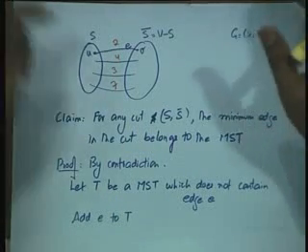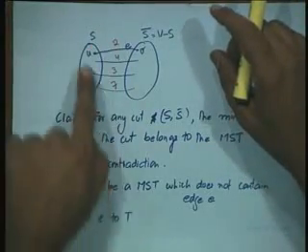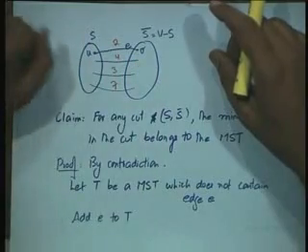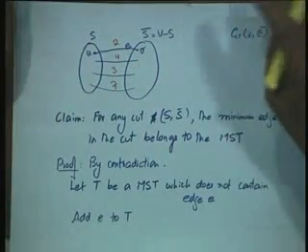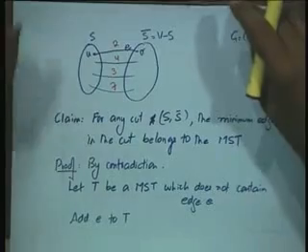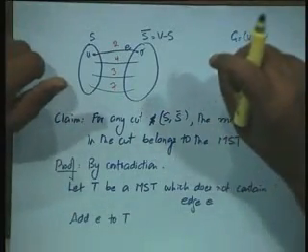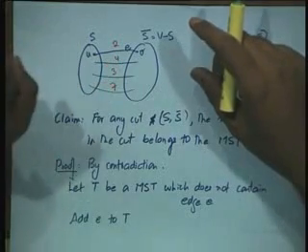Think of this as a river in between, this is one end, this is the other end. If you have to go from this end to the other, you have to use one of these bridges. No other alternative. So the cycle that gets formed has to use one of these edges at least.